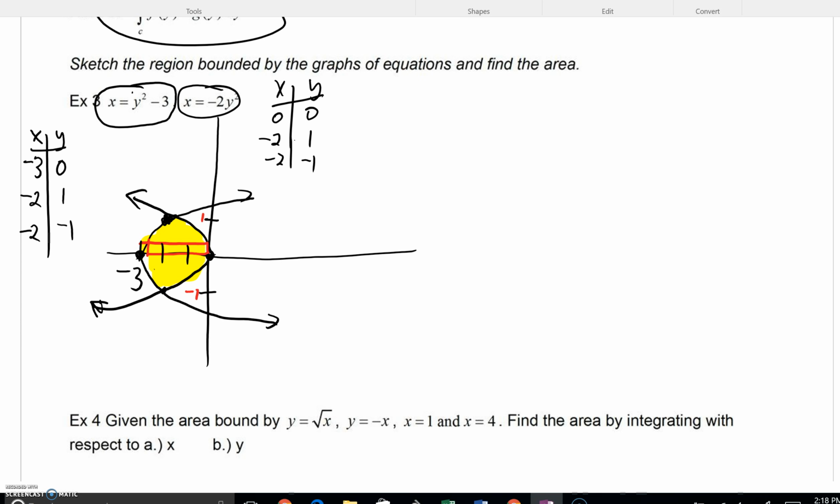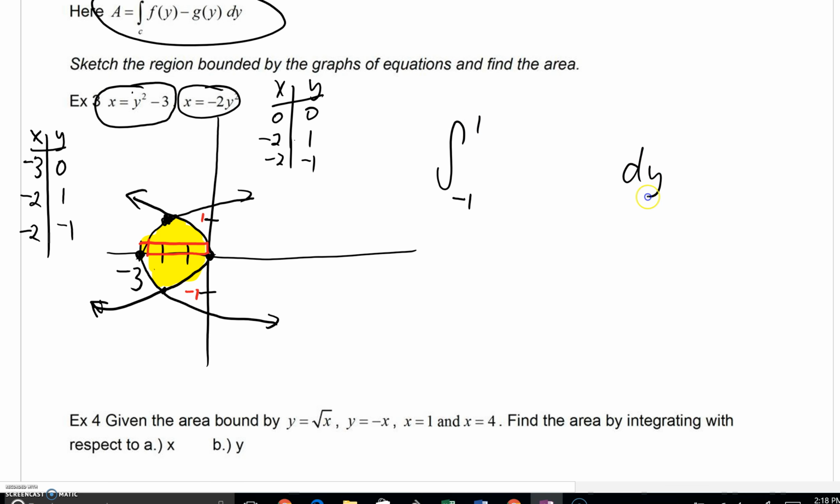So we're going to do what the top of the screen is telling us to do. We're going to integrate from negative 1 to 1 with a dy. We're going to do right minus left. And the right boundary is this negative 2y squared. The left boundary was the first curve that we graphed. That's the y squared minus 3.